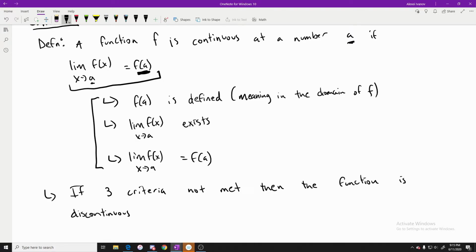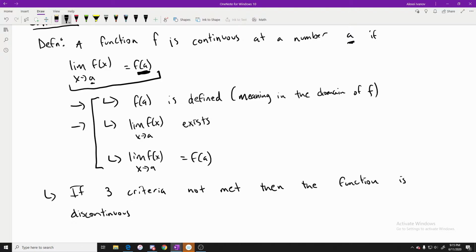So just to break this down a little bit more, this point right here, I feel like it's pretty self-explanatory. f of a being defined just means that we have a value there. It's not like a hole or an asymptote at that value. There is a specific defined value that f of a has.